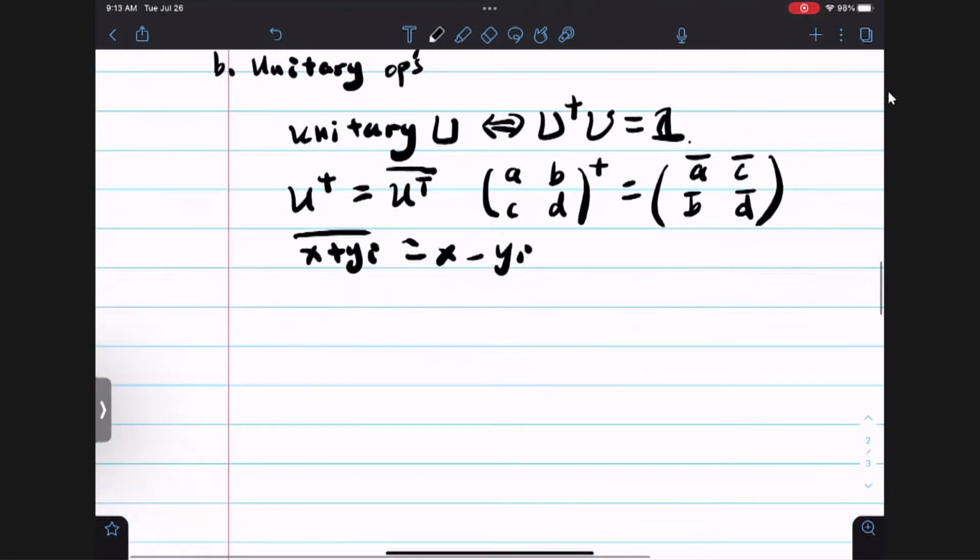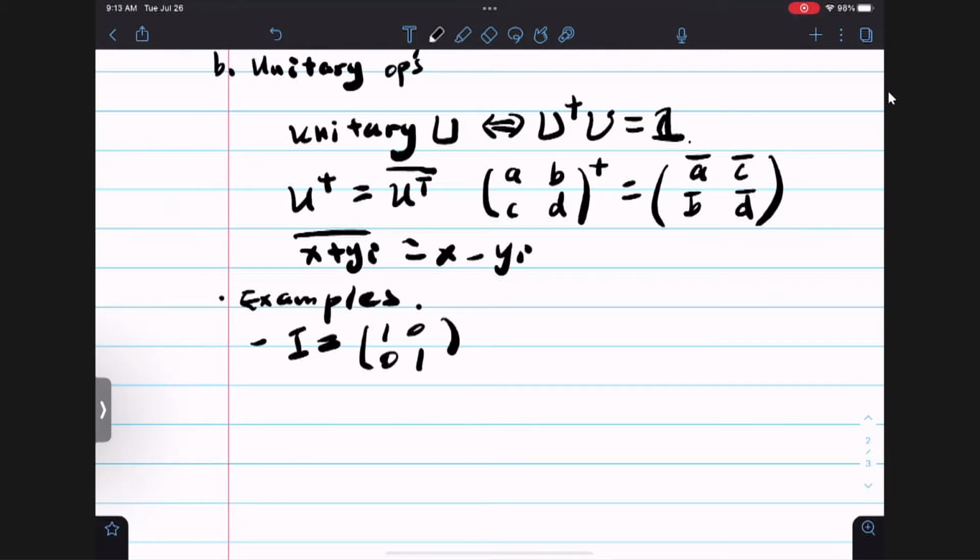Okay, so these unitary operators will be what we can apply to a qubit. Here are a few examples. The simplest one, at least I can think of, is doing nothing, which is applying identity to a qubit. So this is a matrix representation for identity, and then in the circuit model, we're going to use this box, write identity inside.